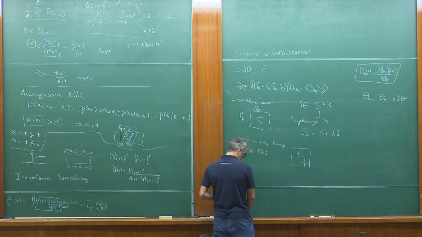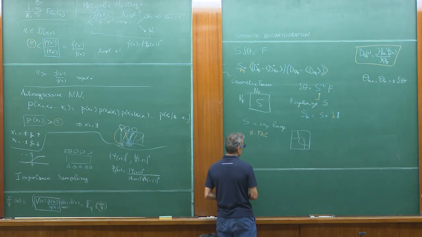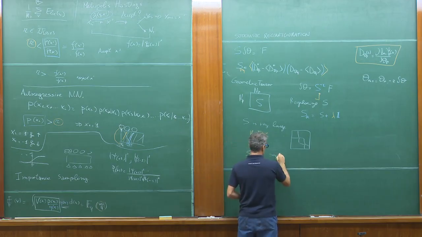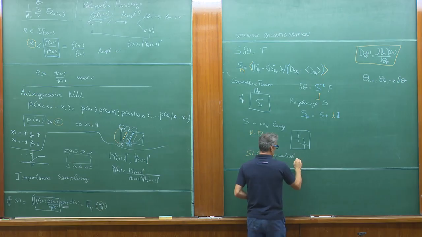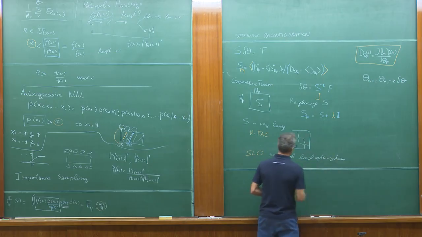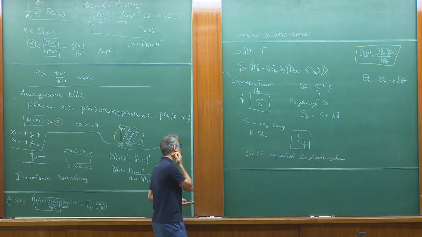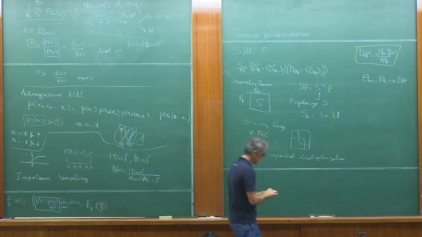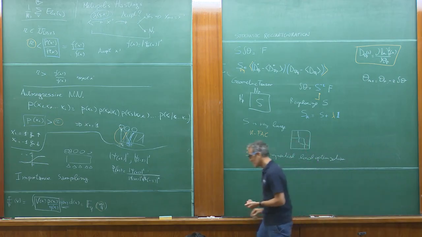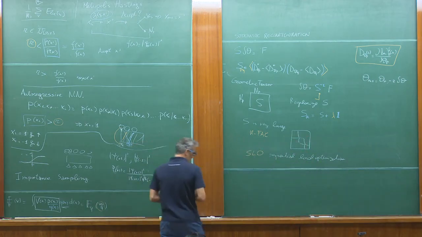Another approach has been developed by our group. We call it sequential local optimization, SLO. It relies on, since I'm very biased by DMRG, I was thinking a bit along those lines.